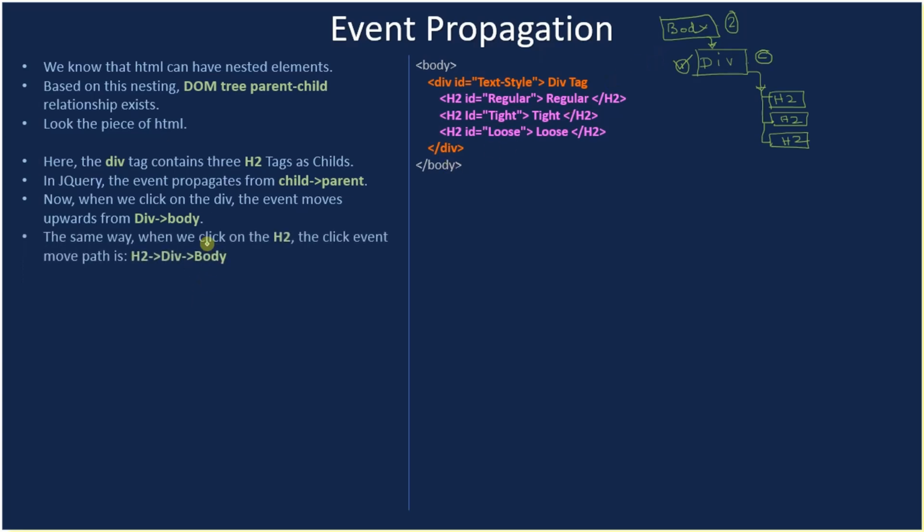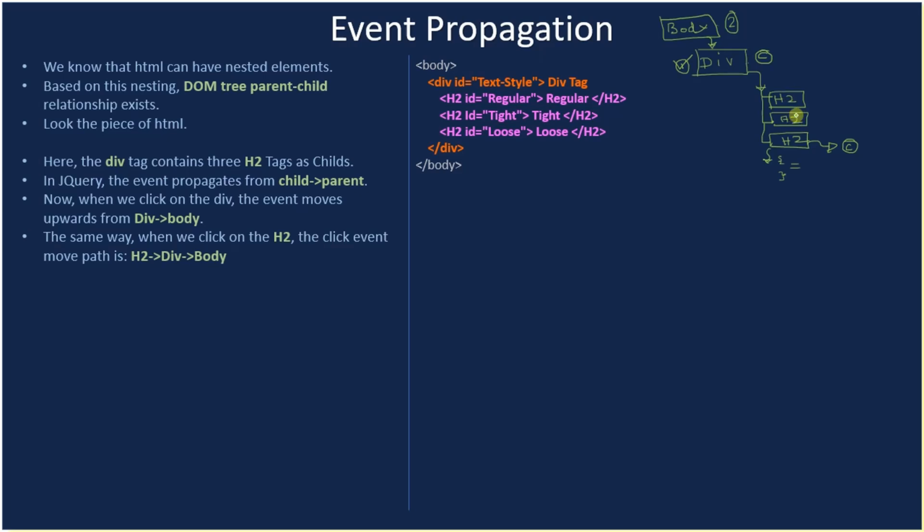The same way, when we click on the h2, the click event move path is h2 to div to body. Let's say that the user is clicking here. Then the event is fired by this third h2 element, and if there is a handler, that will get called, then the event propagates up.